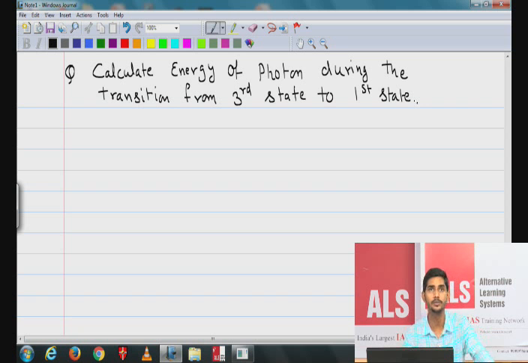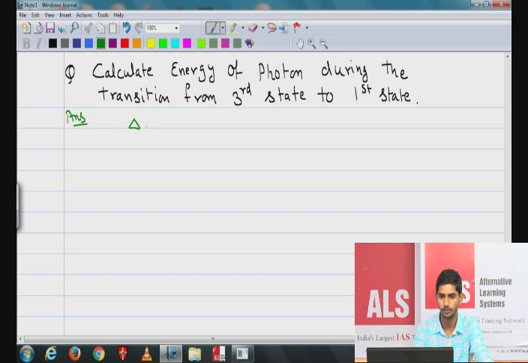Okay, guys, let's solve this question first. Then I'll give you another question. Guys, take a look. In the previous questions, we were dealing with lambda, which is wavelength. This is the same kind of question, I have just changed one thing.